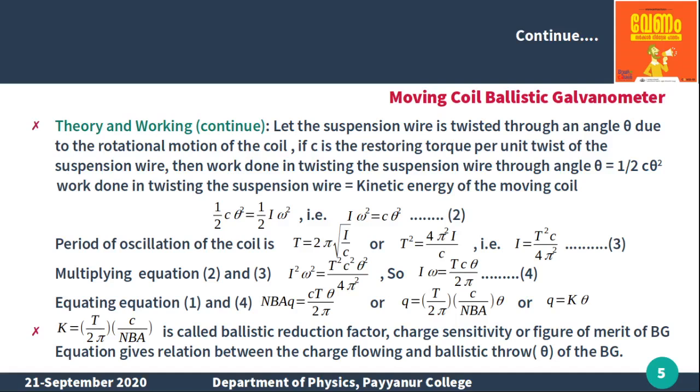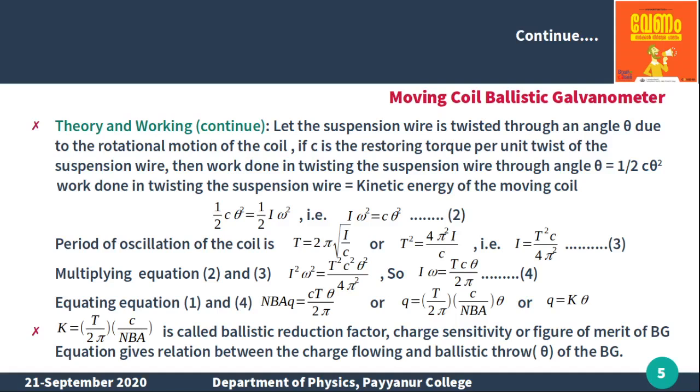If you do the integration, the work done for twisting the suspension wire through an angle theta comes out as half C theta square. This work done in twisting the suspension wire will always be equal to the kinetic energy of the moving coil, because the coil which got an angular impulse started moving, so it has rotational kinetic energy.